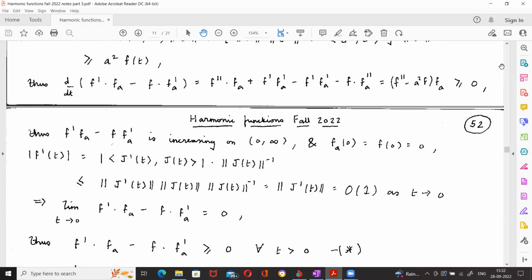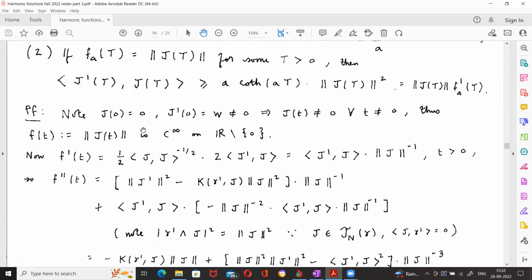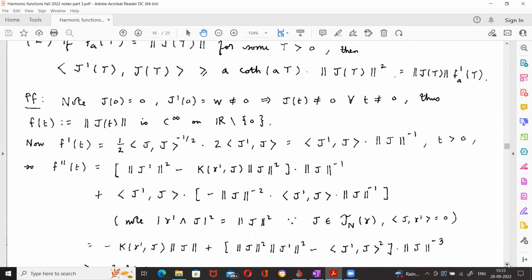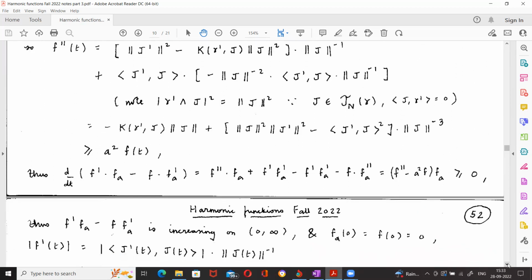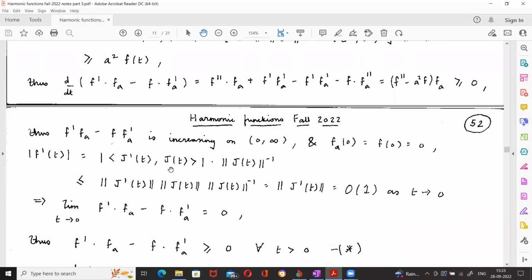Because I only know that f is smooth outside the origin. So f dashed is continuous outside the origin, but it may have a singularity near the origin. So I have to take care of the modulus of f dash t first. Okay, so let's do that.